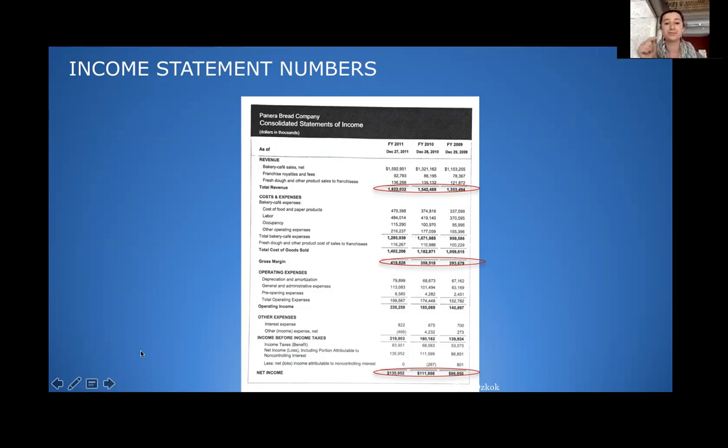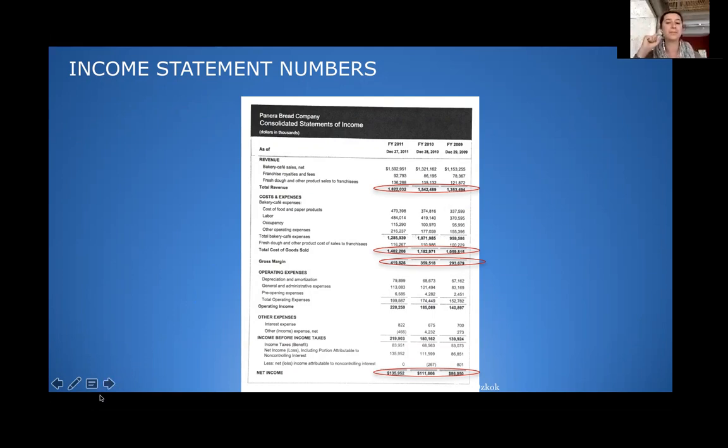The gross margin is also increasing, which means Panera Bread is good at increasing revenues, but also of course its expenses will increase because sales are increasing.